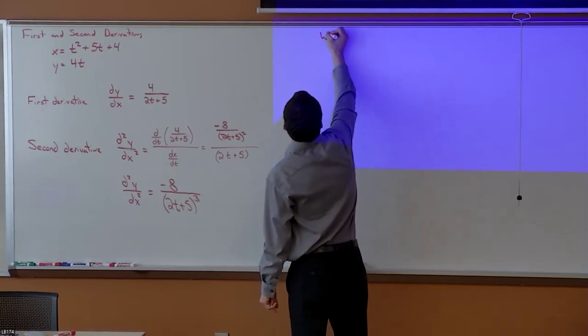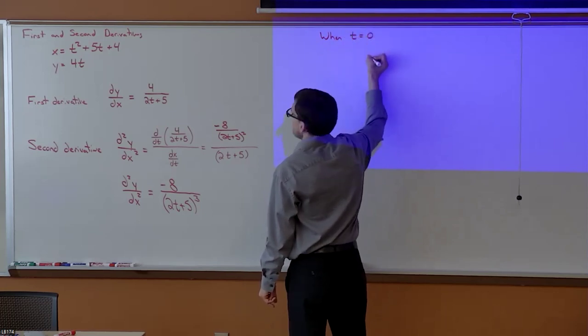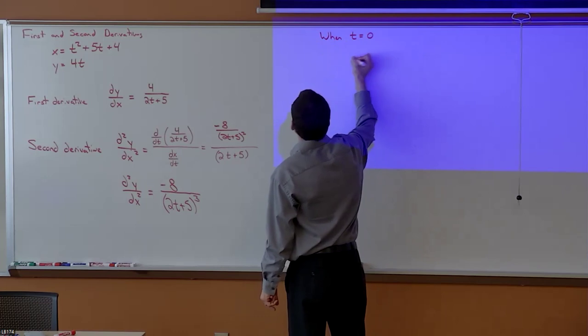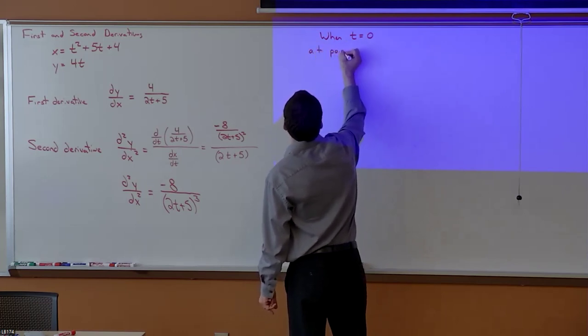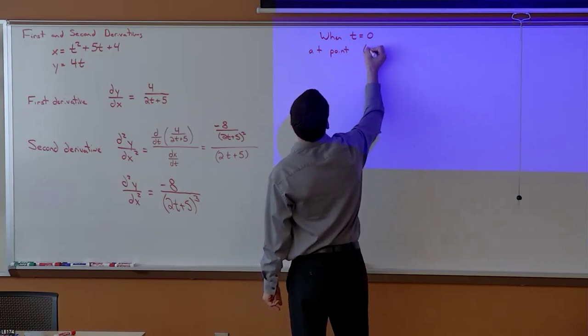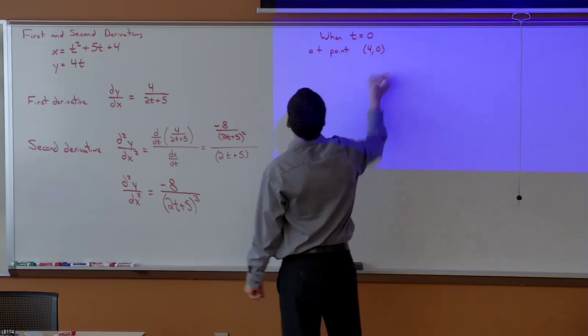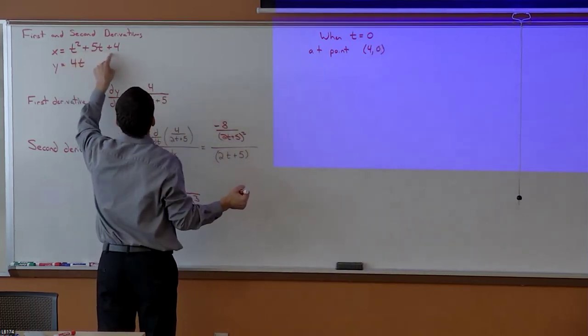Now, when t is 0, we're at the point (4, 0). When I plug in 0 into x, I get a 4.